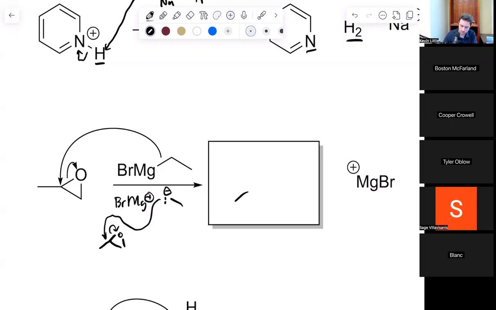So I'm going to redraw my product. And now, attached to this carbon, this new bond I made, wait, let me redraw this. This garnet arrow is this garnet bond.